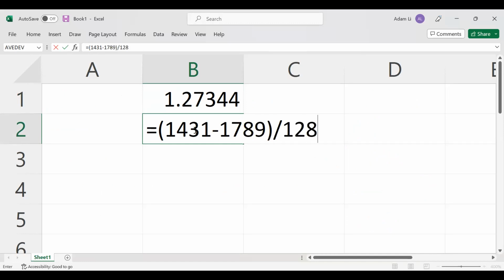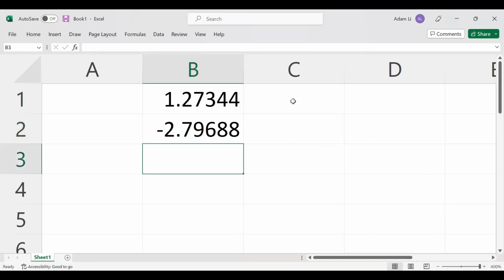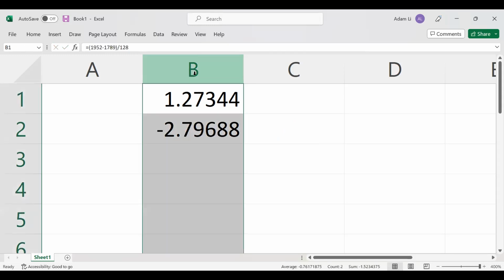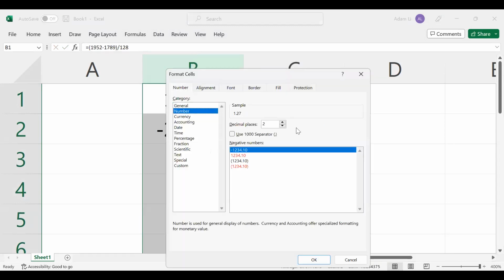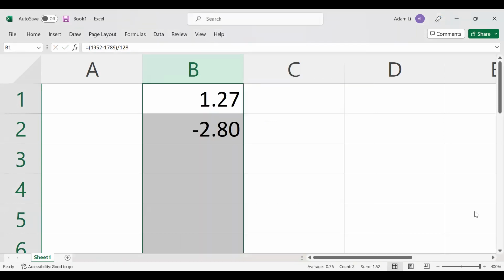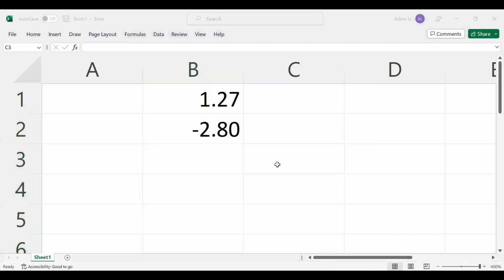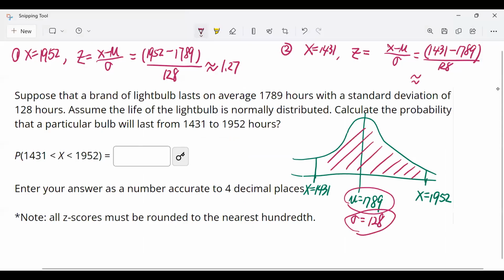Enter, and we get negative 2.80 with two decimal places. That's what we use for the z-score. Now again, we're going to use the bigger z-score first.